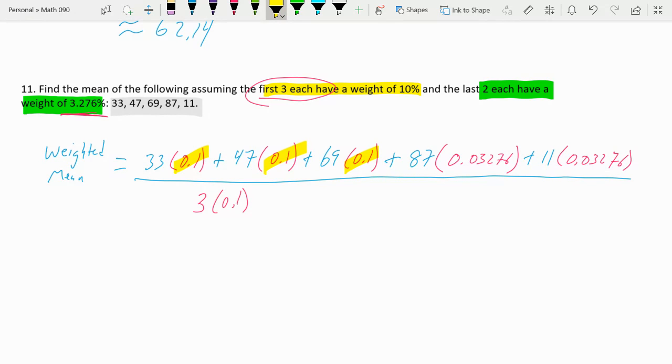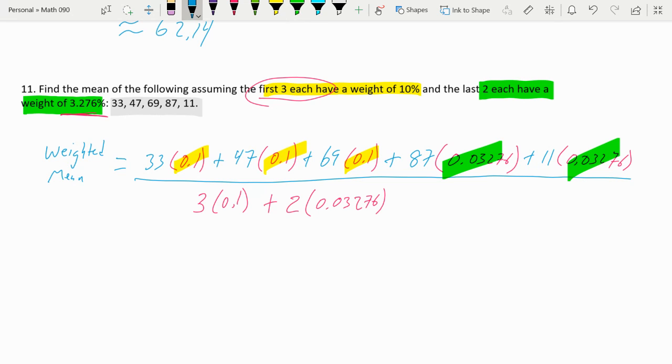Just being lazy. Plus there were two of those 0.03276. There was one, two there. So that's where I got that 2 from.